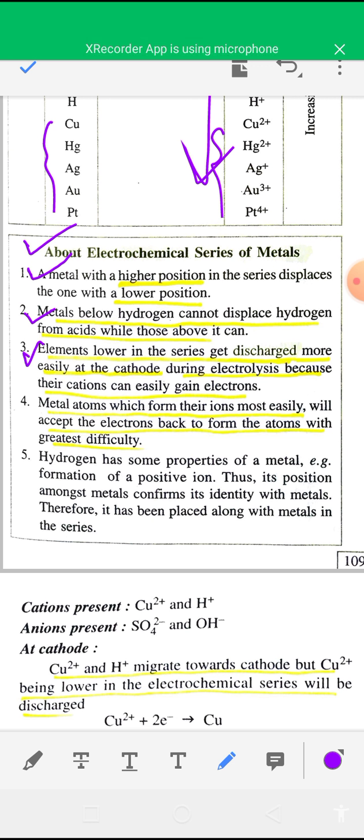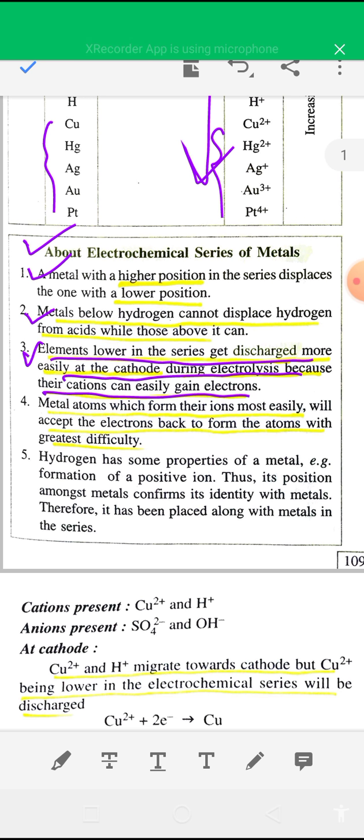The elements lower in the electrochemical series get discharged more easily at the cathode during electrolysis because their cations can easily gain electrons. Very important point. So this third point will be used in electrolysis in this chapter.